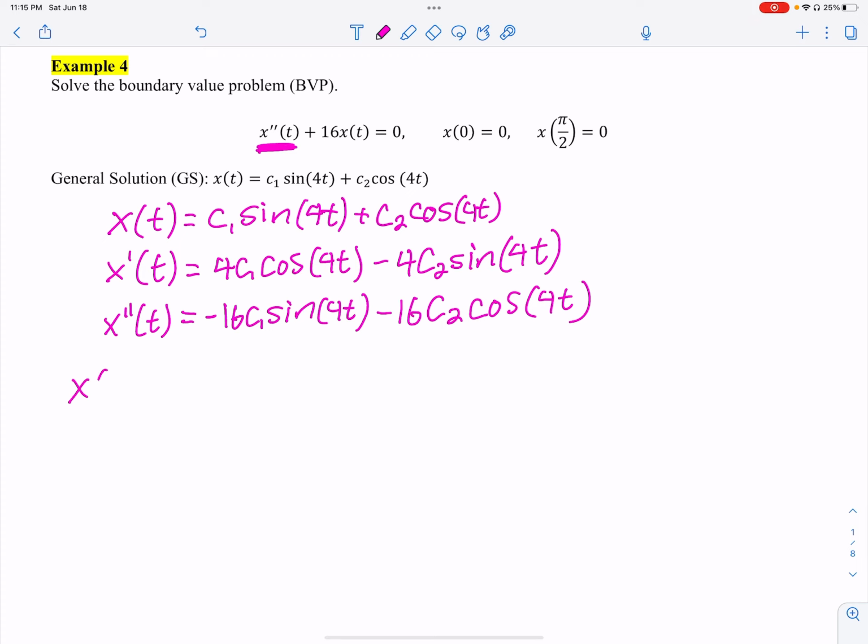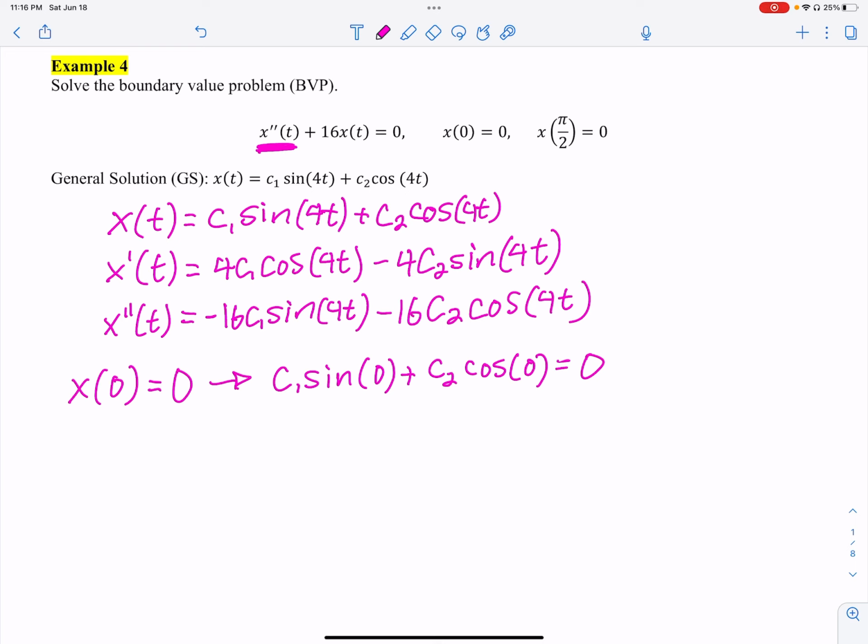I have x of 0, and I know that has to be equal to 0, so I'm going to plug 0 into my equation and set it equal to 0. So we get c1 sine of 0 plus c2 cosine of 0, and that has to be equal to 0.